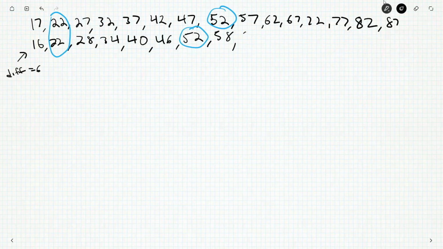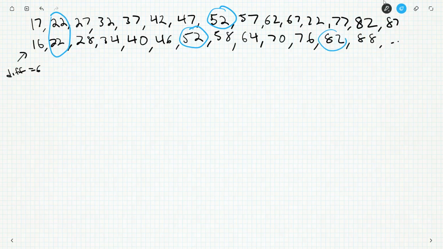58, 64, 70, 76, 82, 88, and so on. And we've got another pair in common. So at this point, you might try and suspect, well, 22, 52, 82, I'm noticing a common difference of 30.